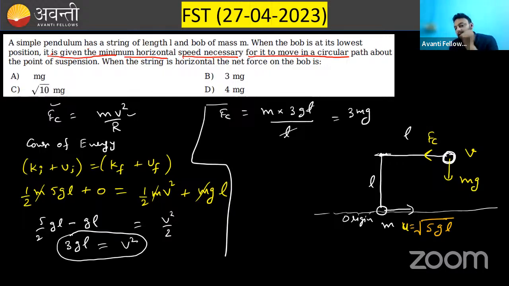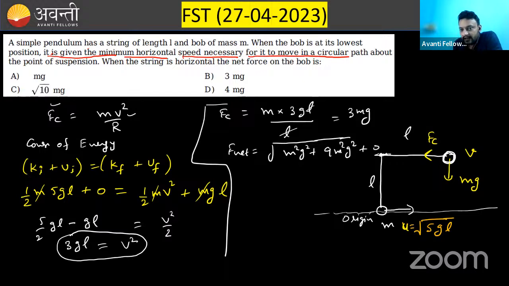Now both the forces are perpendicular to each other. So the net force, using the parallelogram rule, F net is equal to under root A square plus B square plus 2AB cos theta. A square means m square g square, plus the second force 3mg square, which is 9 m square g square, plus the angle between them is 90, so cos 90 is 0.